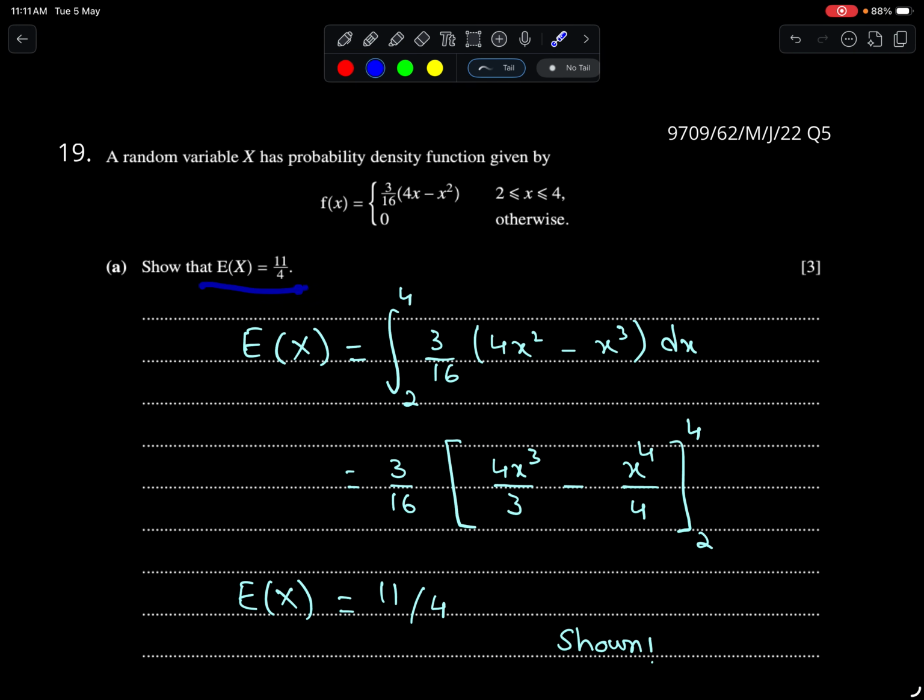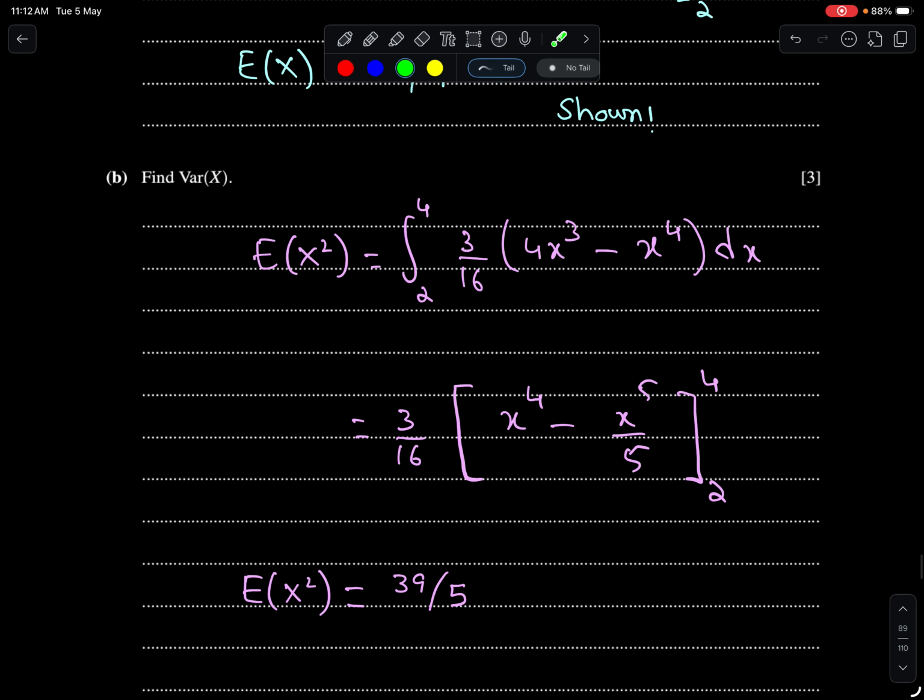Here we have to prove, this is the last question of this chapter, then we will move on to sampling and estimation. We have to prove E(x). The formula of E(x) is the integral of x f(x) dx over all x, so x from 2 to 4. Just integrate this and get the value of the mean. We need variance. For that we need E(x square) first.